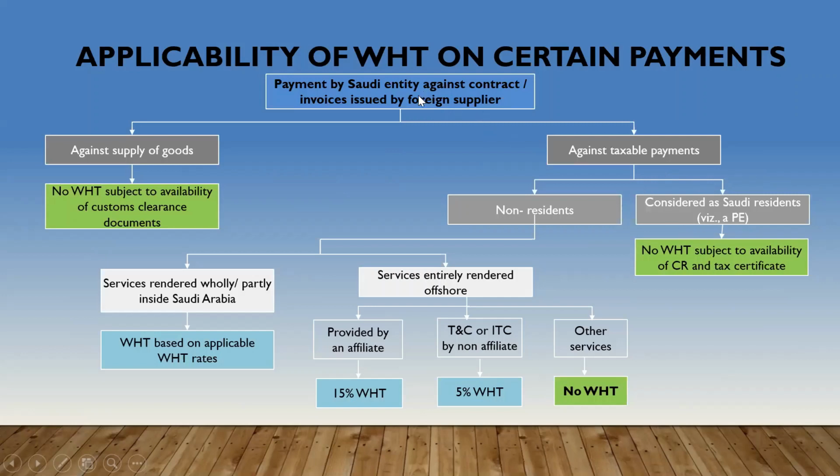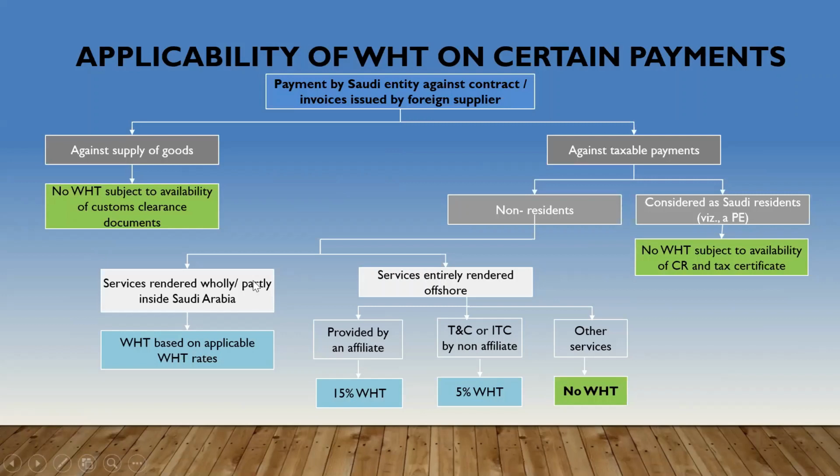Now, if there is a contract with a non-resident for services and that non-resident does not have a PE in Saudi Arabia and the services have been performed partially or fully inside Saudi Arabia, then we need to see the nature of payment, and that payment would be subject to withholding tax.